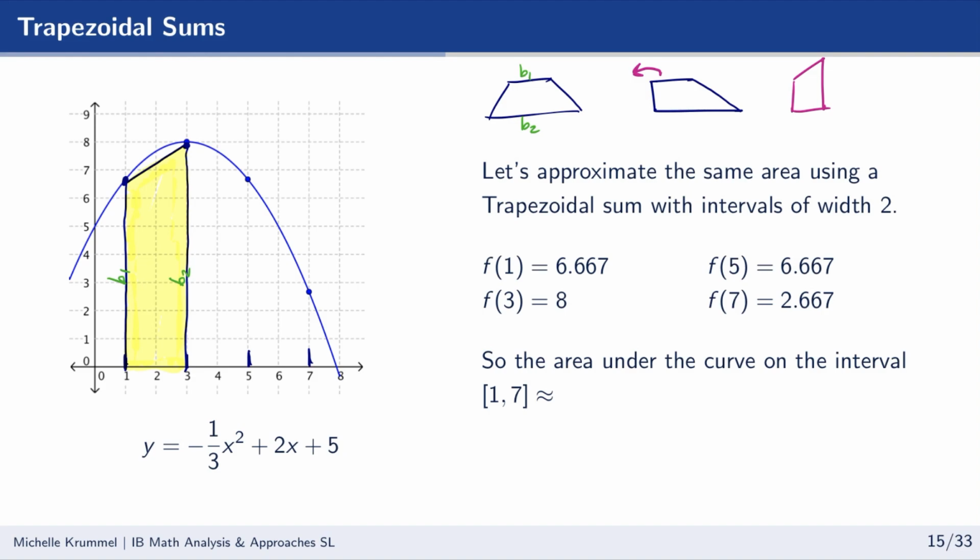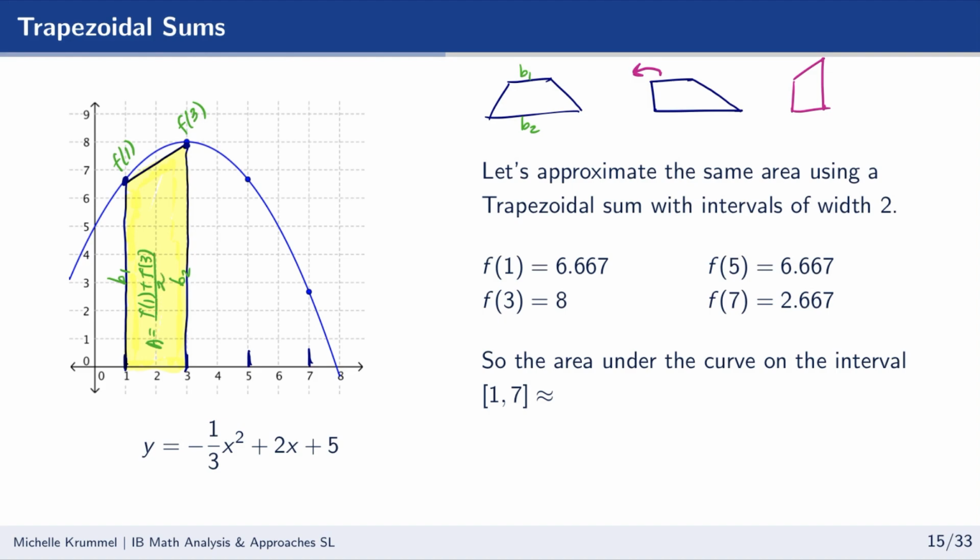The first base has a length of f of 1. And the second base has a length of f of 3. So we want the average base, which means add them together and divide by 2. So area equals f of 1 plus f of 3 divided by 2.